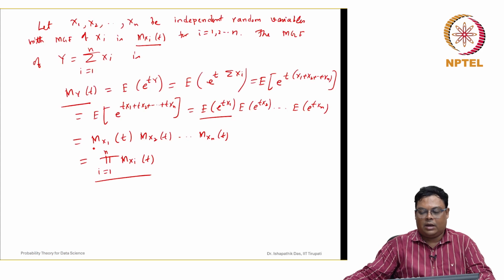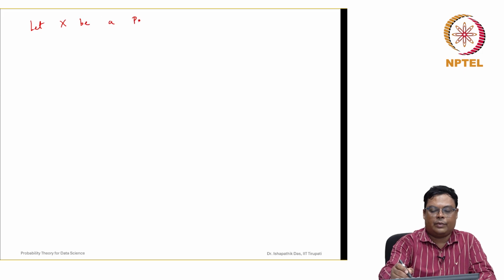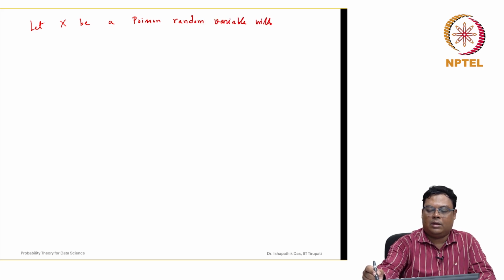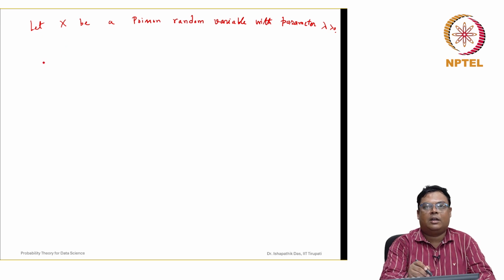So let X be a Poisson random variable with parameter lambda, which should be greater than 0. First of all, let us write down the probability mass function, because we need that to find the moment generating function.